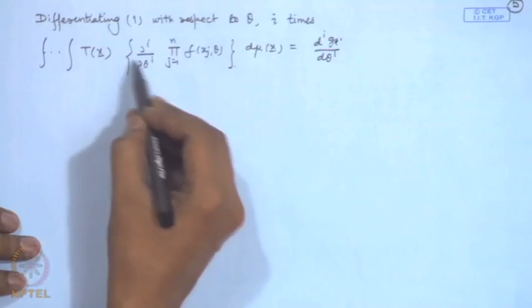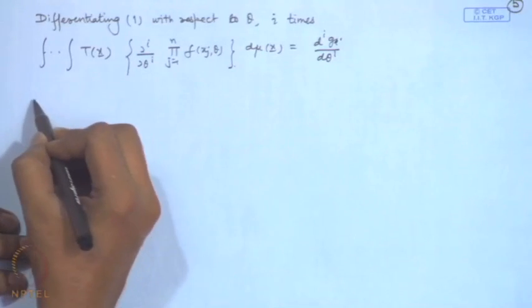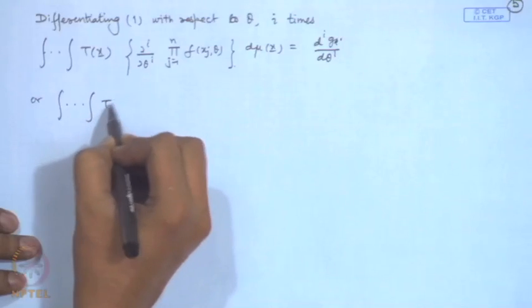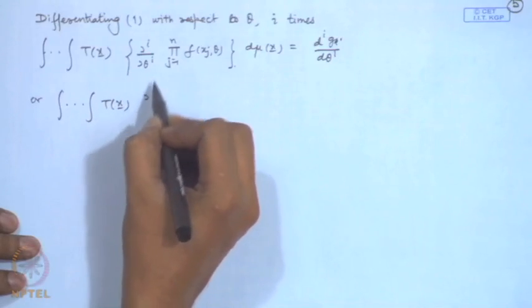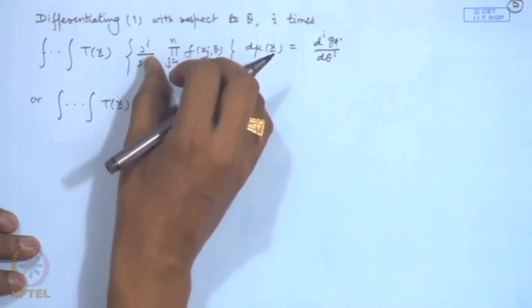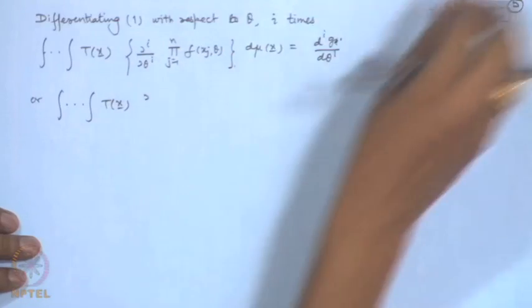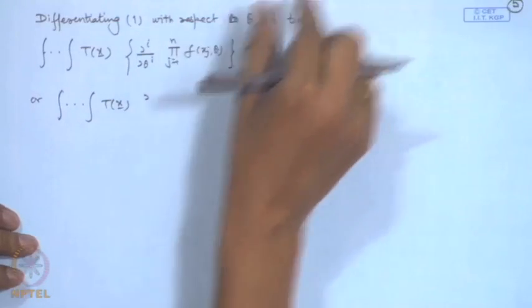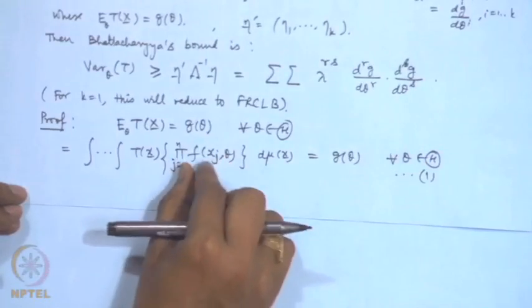Now, this term we can consider as T(x) del^i by del theta^i of this, and I divide it by the product of f(x_j, theta).